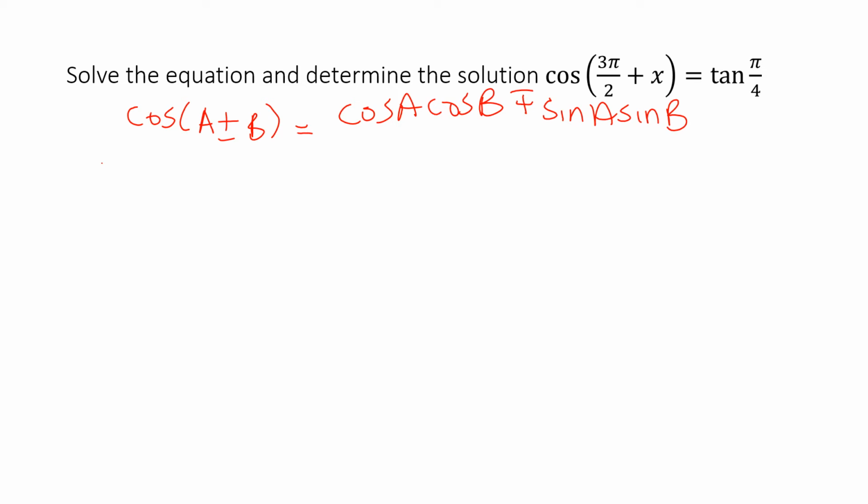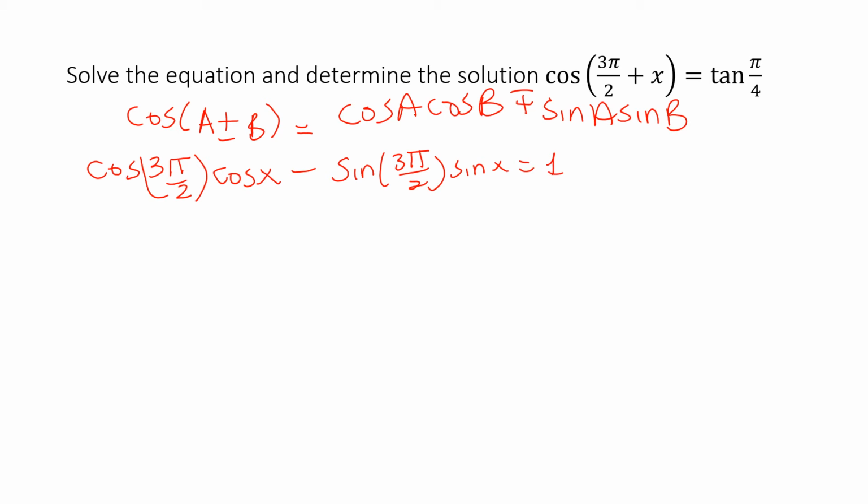So we will have cos 3π/2 cos x minus sine 3π/2 sine x equals 1.